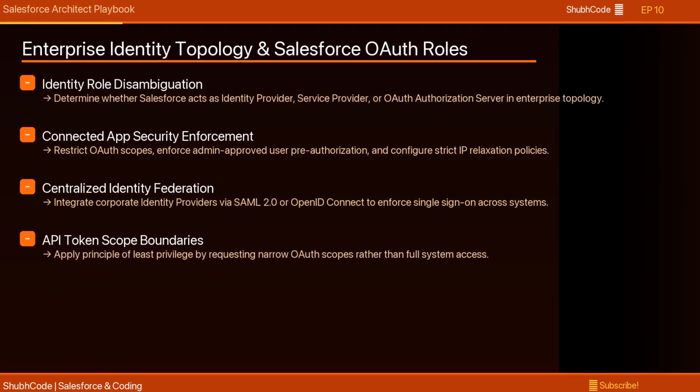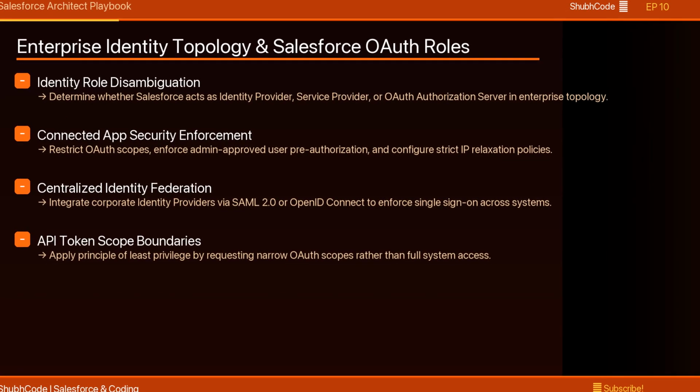When designing enterprise identity architecture, architects must first distinguish whether Salesforce acts as the identity provider, service provider, or OAuth authorization server. In multi-system landscapes, relying on native Salesforce authentication without centralized IDP integration introduces identity fragmentation and auditing gaps.